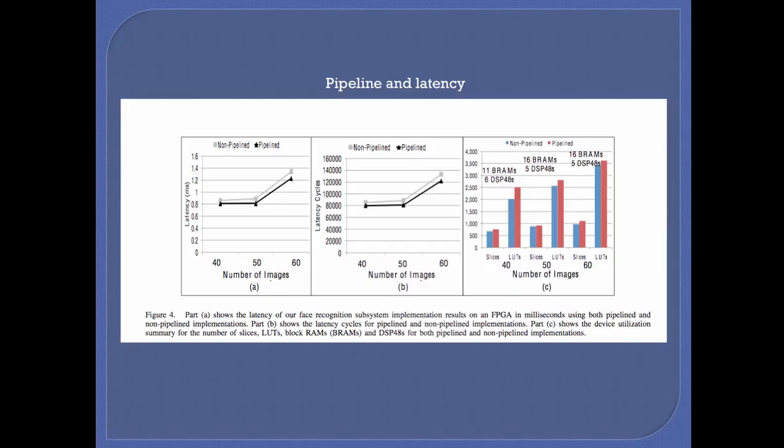So the pipeline, obviously we've just learned about the pipeline and latency. This figure that I found shows the latency of the implementation of the FPGA in milliseconds using both pipelined and non-pipelined implementations.